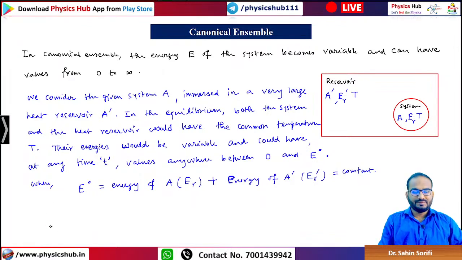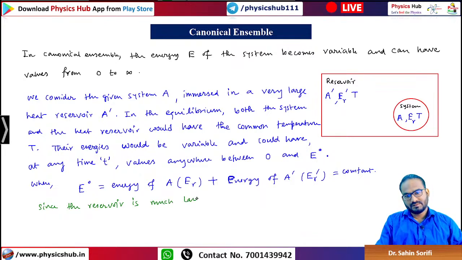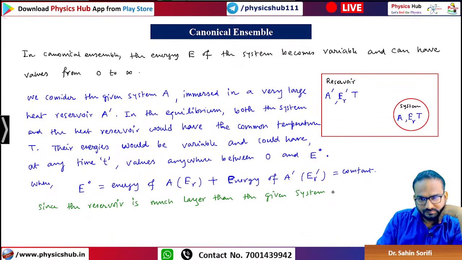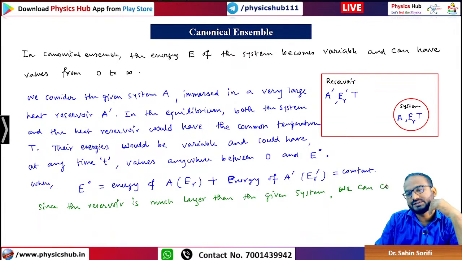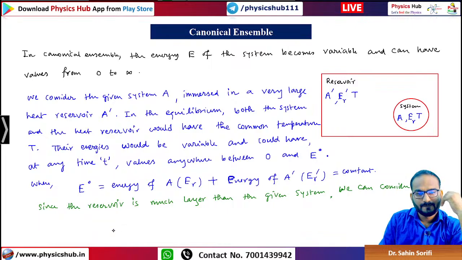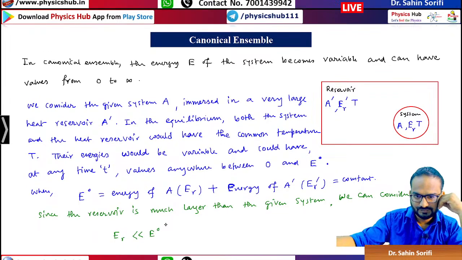Since the reservoir is much larger than the given system, we can consider that the energy of the system must be much less than the total energy E0. Can you write it?